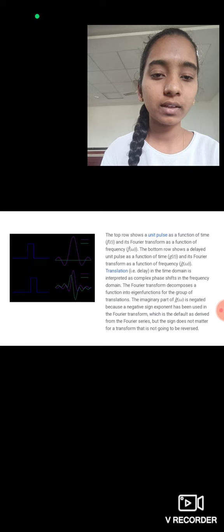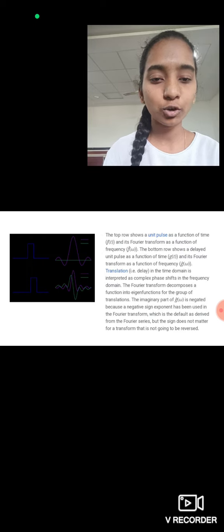The bottom row shows a delayed unit pulse as a function of time g of t and its Fourier transform as a function of frequency g of omega. That is, delay in the time domain is interpreted as complex phase shift in the frequency domain.